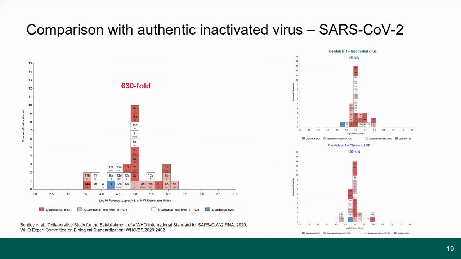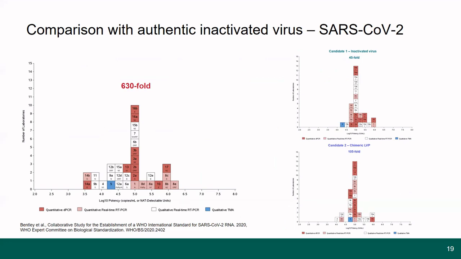And SARS-CoV-2 gave us the opportunity to test how this particle compares with the authentic virus. So when we launched the collaborative study for the international standard for SARS-CoV-2 RNA, we also included the chimeric lentiviral particle and inactivated viruses. And the results on the left show one sample from all the laboratories that participated in the study.